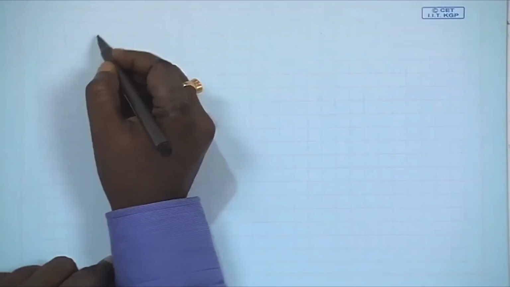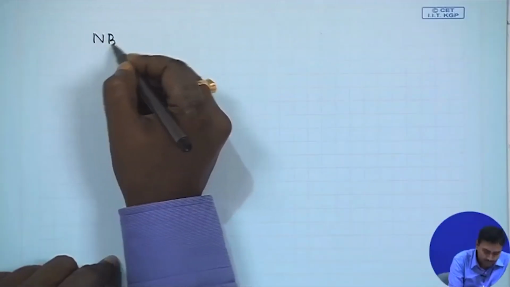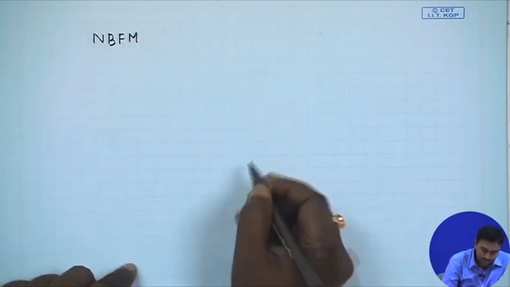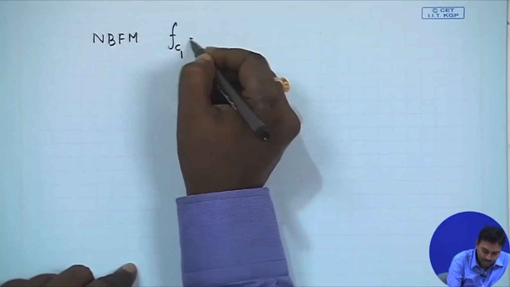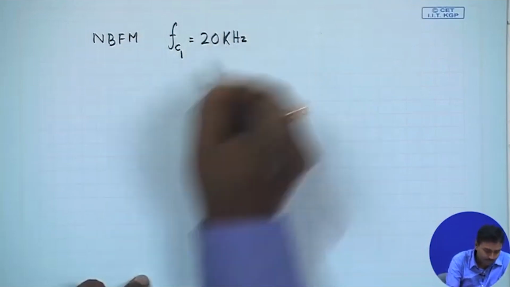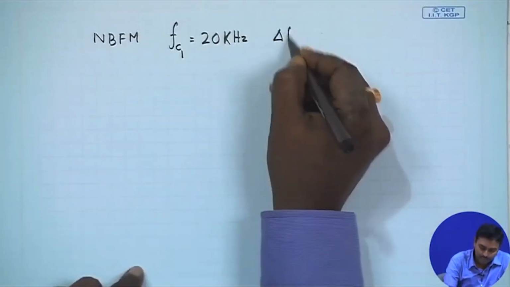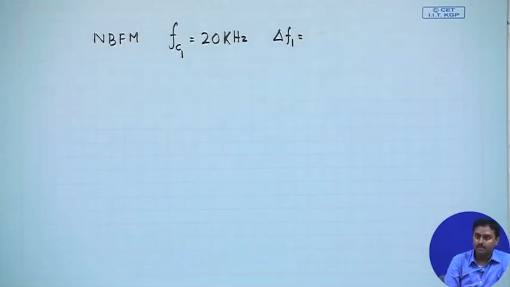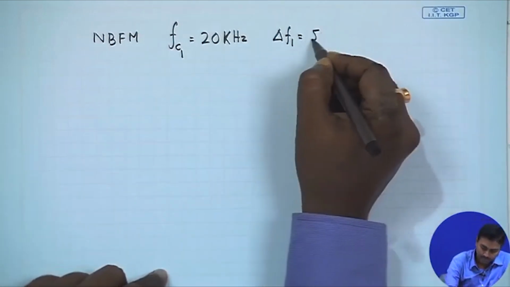So, if you just try a simple problem, probably it will be clearer. Let us say I have a narrow band FM where FC1, that is the initial carrier, is 20 kilohertz, and this del f1, the initial narrowband FM frequency deviation, is actually 5 hertz.